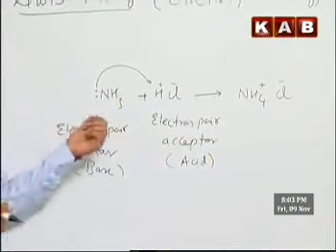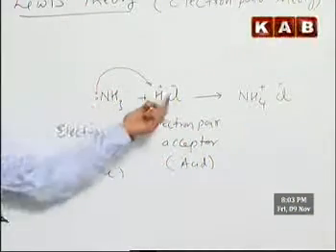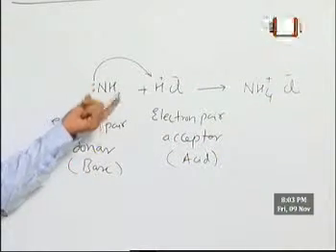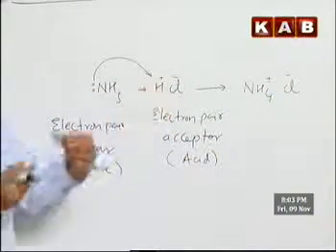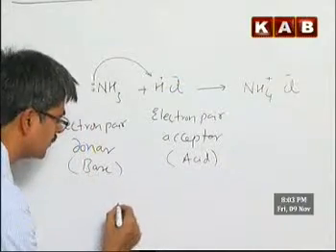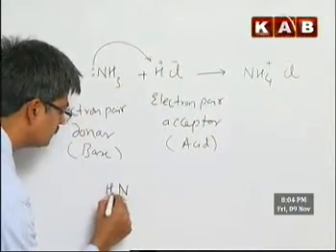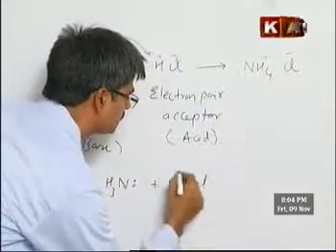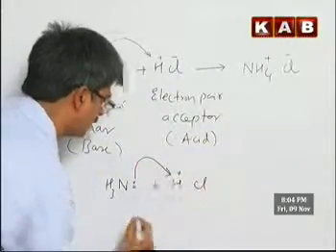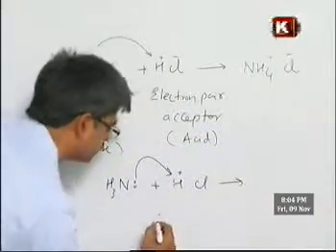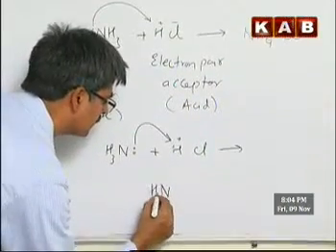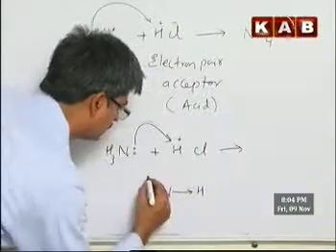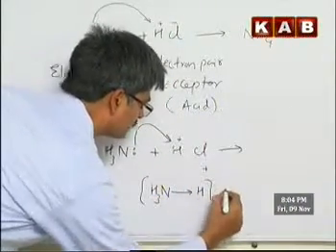Whenever an electron pair is transferred, say from ammonia to HCl, a coordinate covalent bond is formed between the nitrogen of ammonia and the proton of HCl. We can represent it this way: NH3 having an electron pair, plus the proton of HCl. In the final equation, nitrogen with 3 hydrogens, this pair is transferred to H plus, and thereby it exists as the ammonium ion, and then Cl minus.